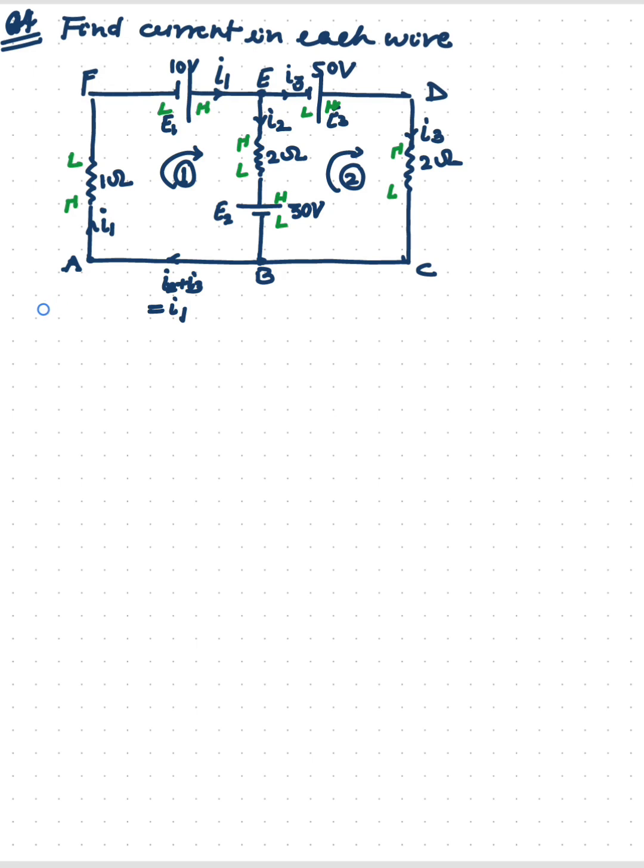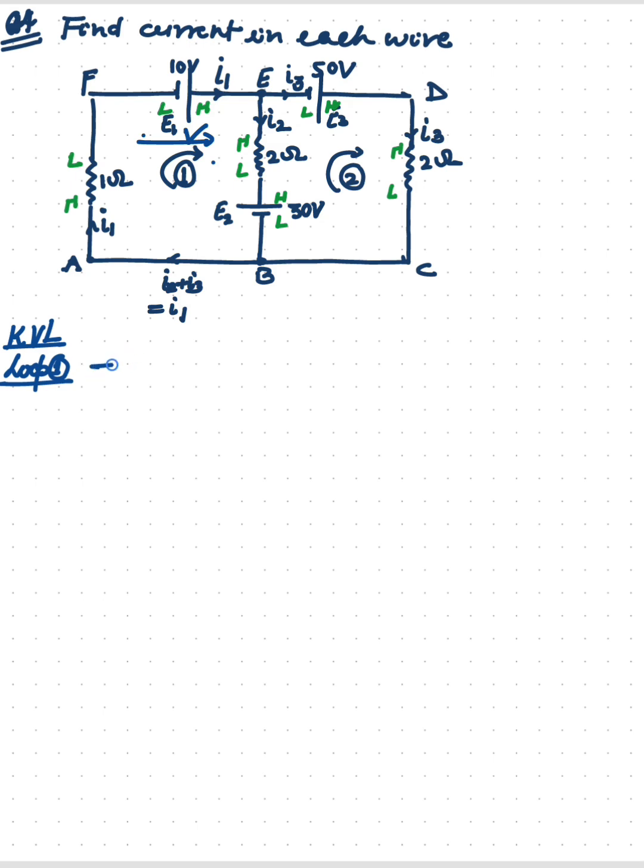Now apply KVL. Simple. KVL loop 1. Okay, in loop 1 you can start from any point. I am starting from here. Okay, so here we are traversing, our loop direction is this, so we are traversing low to high across the 10 volt battery. Clear?